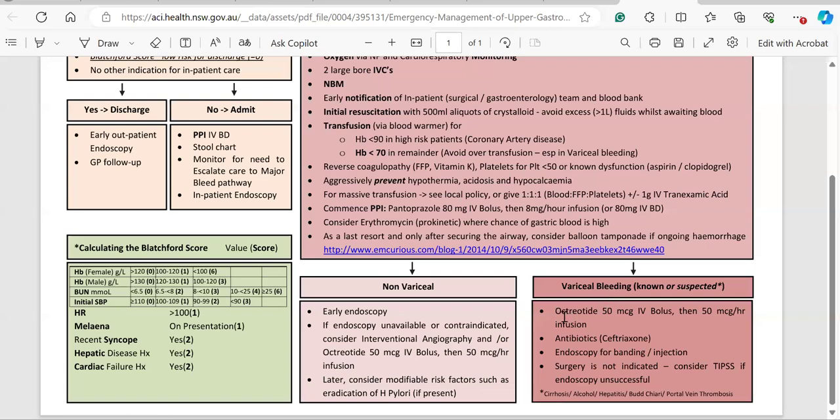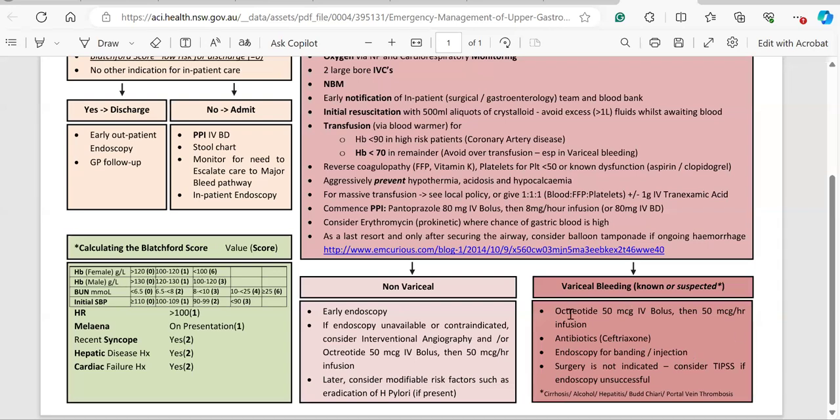If it is a variceal bleeding, then you can start them with octreotide, antibiotic, and endoscopy for banding or injection. Now, this is where there is a contradictory thing between JM and the other Australian guideline. From a practical point of view, we would do this management in a hospital setting rather than what JM said.